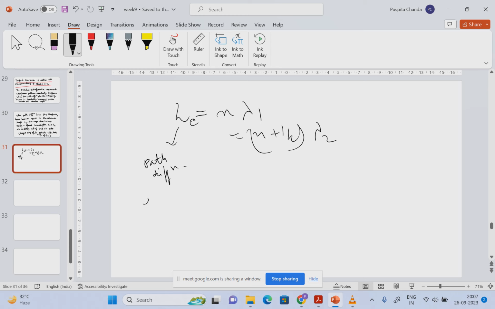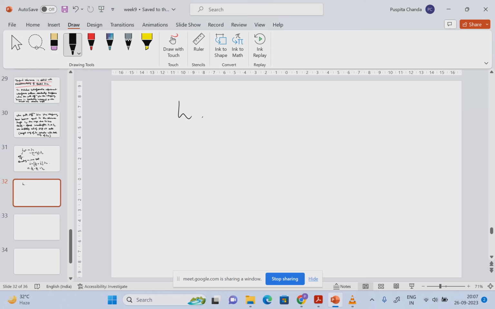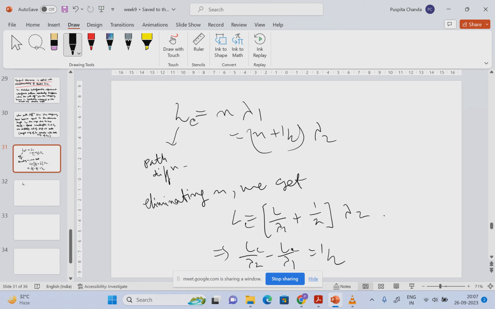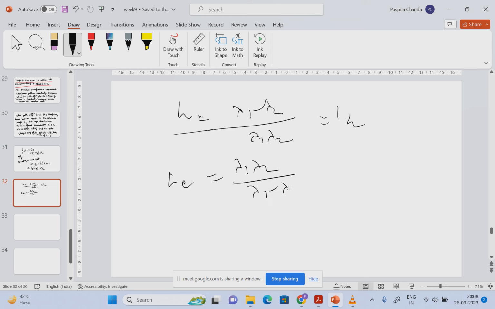Eliminating n, we get L by lambda 1 minus L by lambda 2 is equal to half. So L into lambda 2 minus lambda 1 by lambda 1 lambda 2 is equal to half. So the coherence length LC will be lambda 1 lambda 2 by 2 into lambda 1 minus lambda 2, which is approximately lambda square by 2 into lambda 1 minus lambda 2.